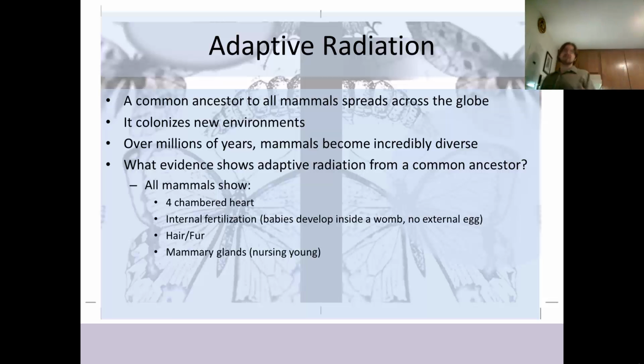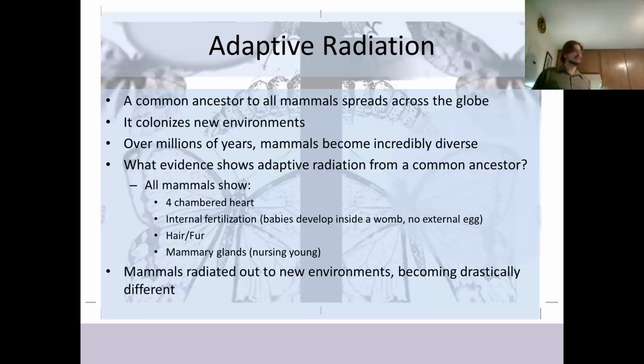And these are evidence of common ancestors that radiated out into different environments, producing different adaptations to those environments. So they became drastically different by adapting to their local conditions, but these shared features show that they radiated from common ancestors.